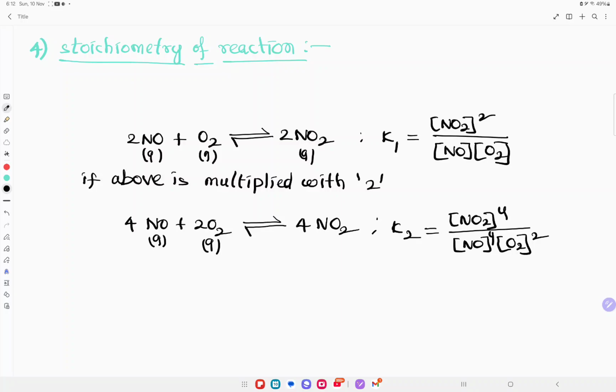What is the relation between K1 and K2? So K1 square, if you write, becomes what?